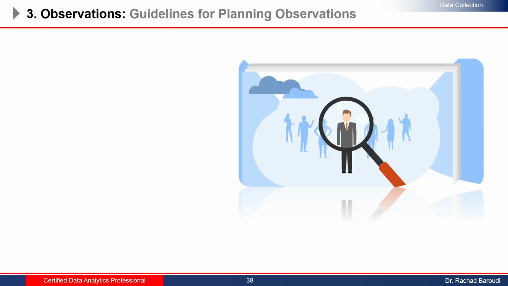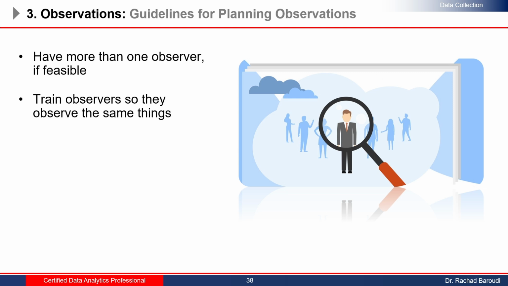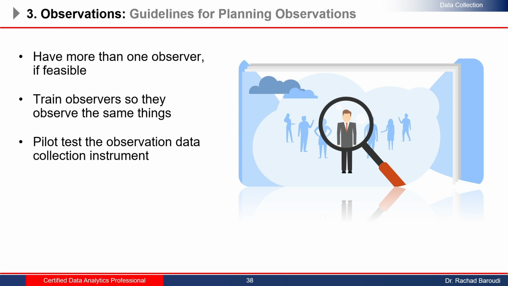Guidelines for planning observations. It's advisable to have more than one observer, if feasible. Of course, sometimes it's very costly to have multiple ones. Train observers so they can observe the same thing and document in the same way. Pilot test the observation data collection instrument just in case, for example, it was not successful.